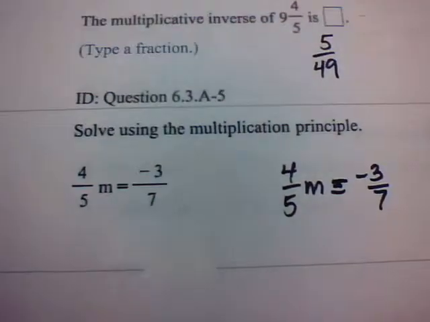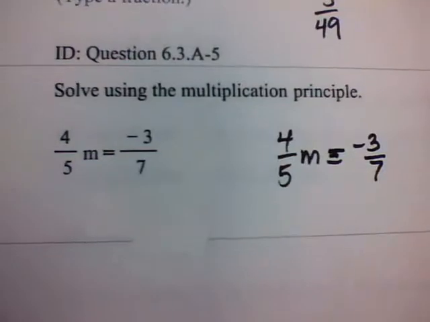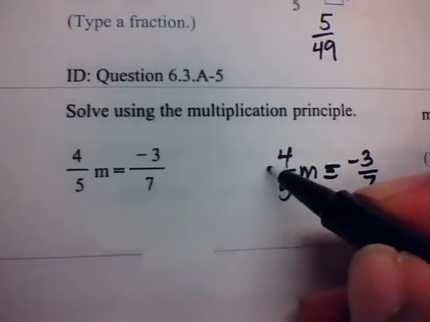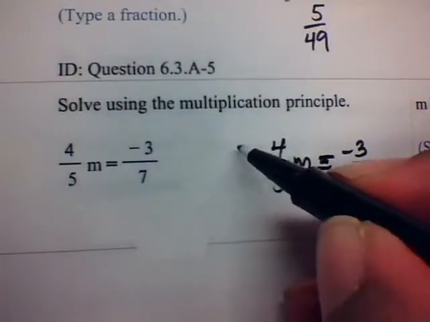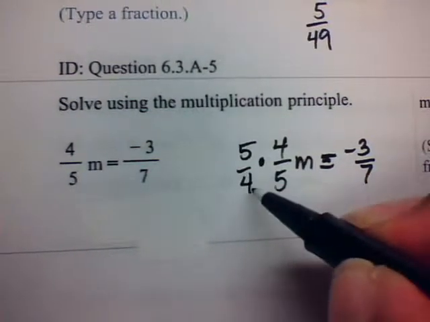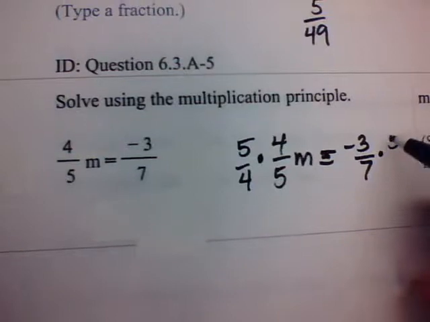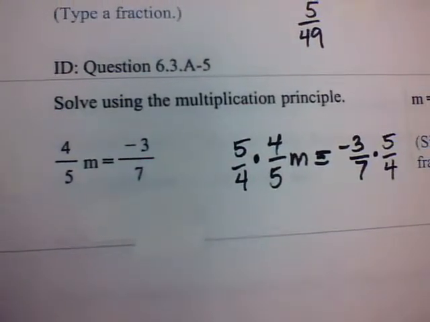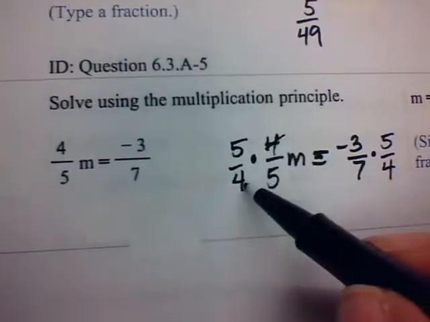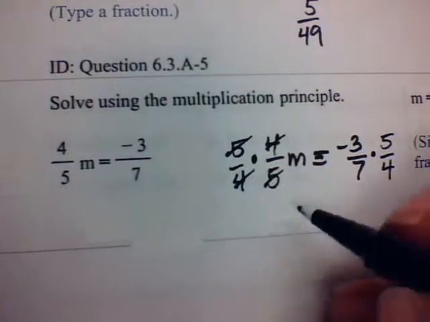We normally would divide both sides by 4/5, but it'll be easier to multiply both sides of this equation by the reciprocal of 4 over 5, which is 5/4. So I'm going to multiply both sides of this equation by 5/4. That way, these 4's will be gone and the 5 will be gone.